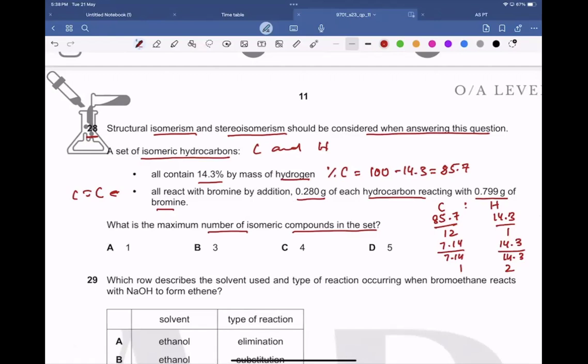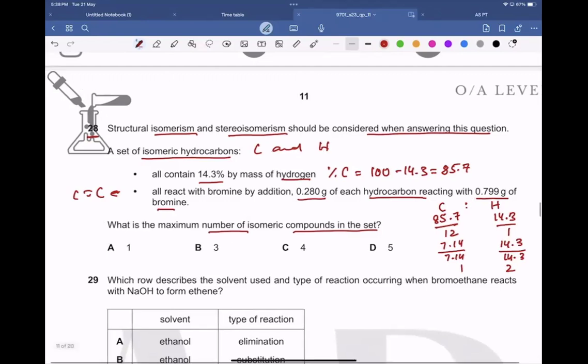Okay, let's assume if it's C3H6 and it is reacting with 1 mole of bromine. So if it's C3H6, what would be its Mr? 12 times 3 makes it 36, 36 plus 6, 42.